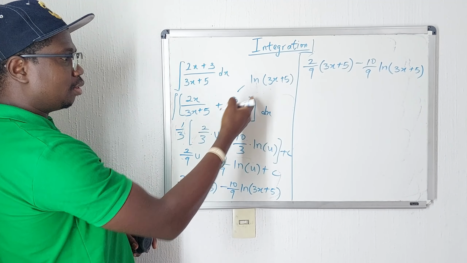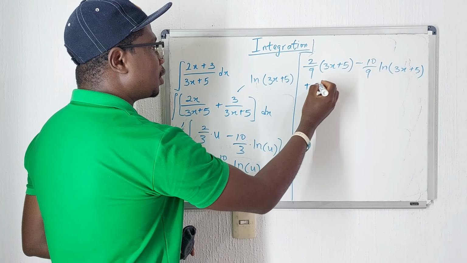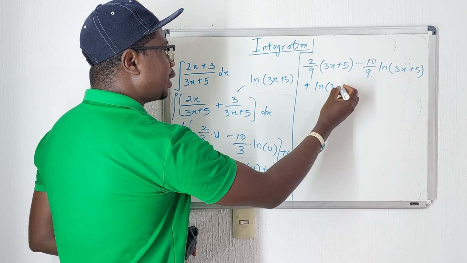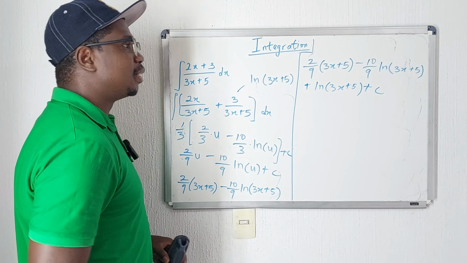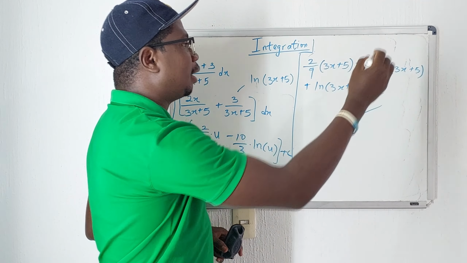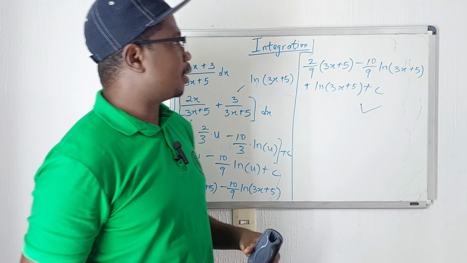Then the last one for this one, plus ln 3x plus 5 plus c. So this will be our final answer.